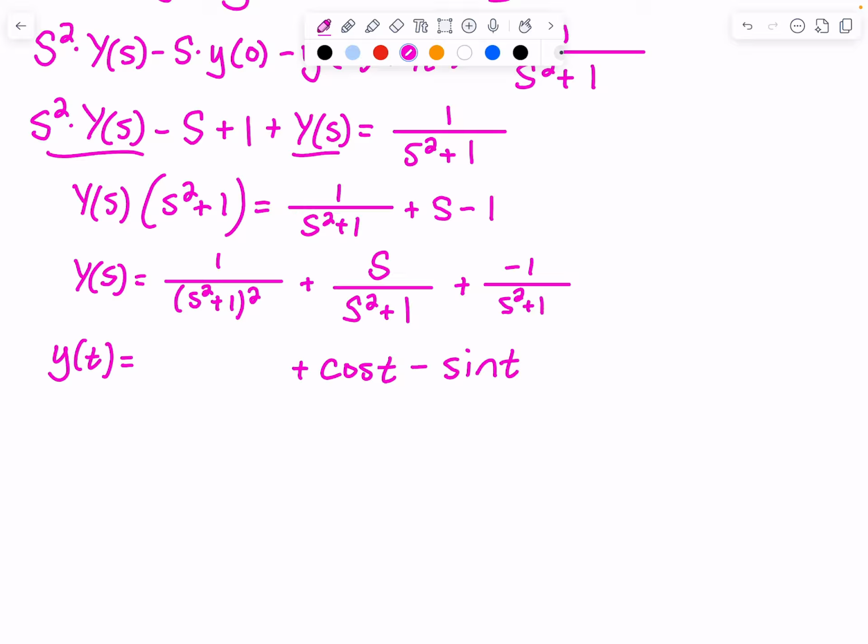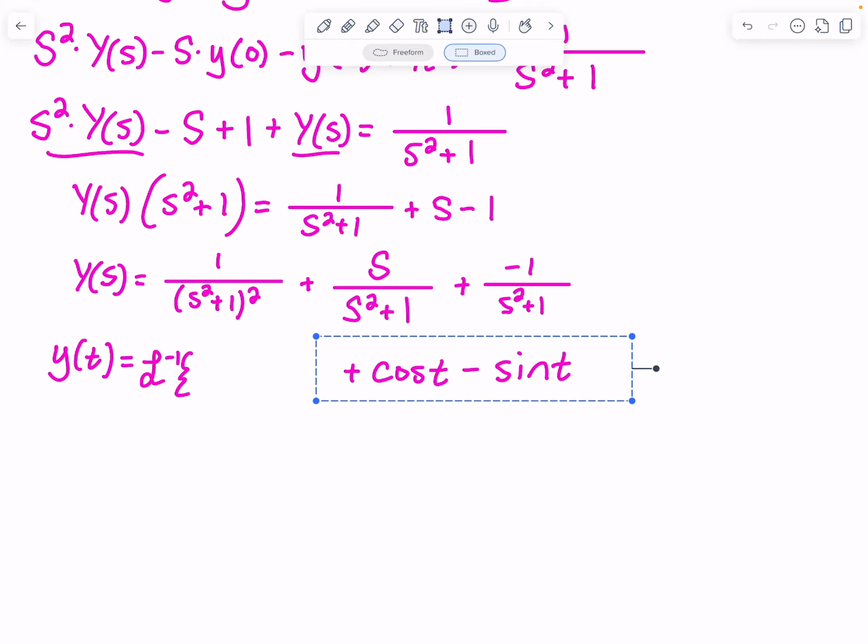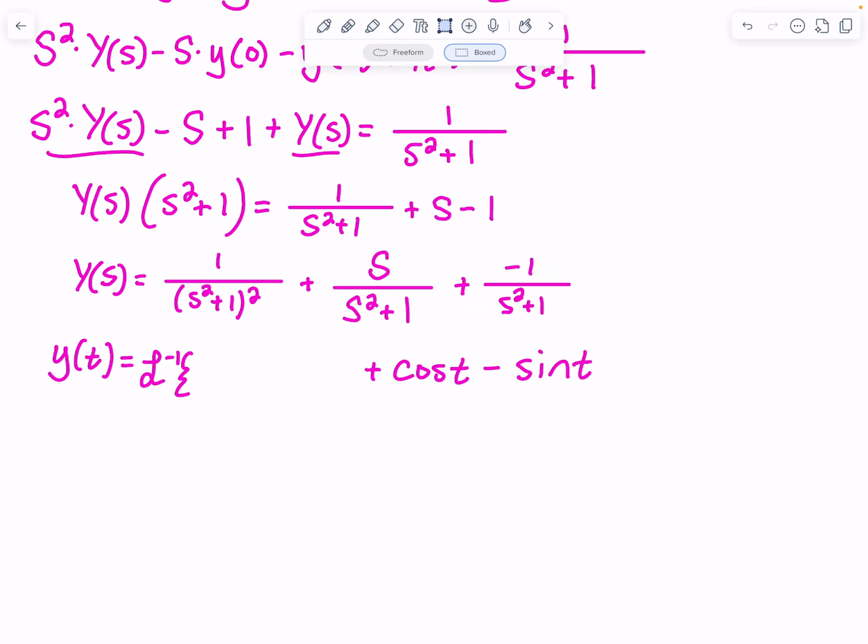Right? And then I'm going to do some manipulation to this one, so I'm going to do an inverse Laplace. I'm going to put a little fraction there because I know I'm going to need to cancel some stuff out. If I put an s squared plus 1 squared on bottom, nothing changes there.